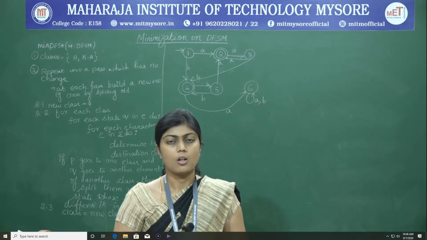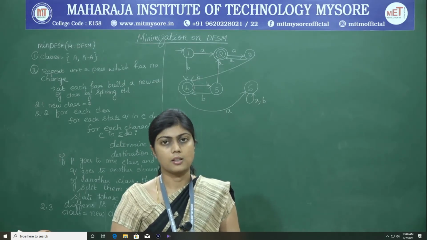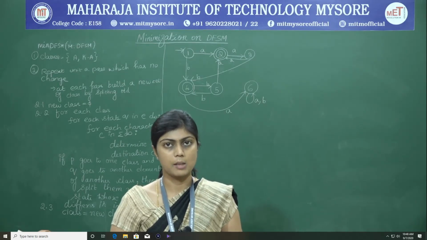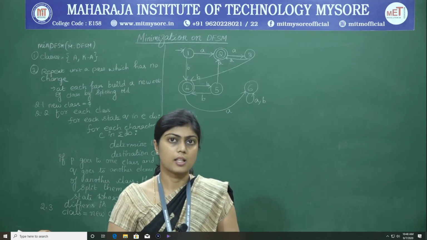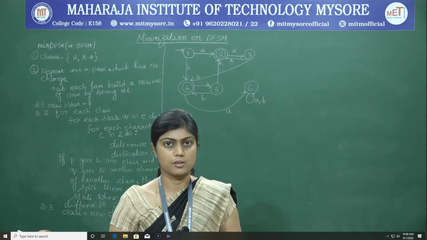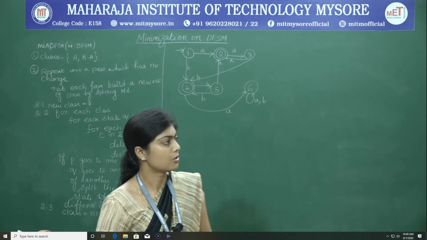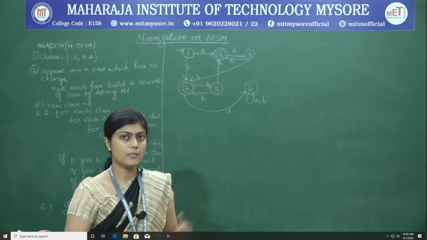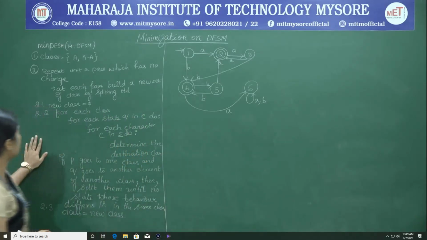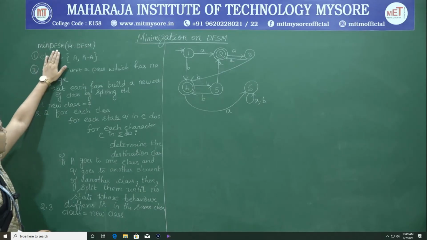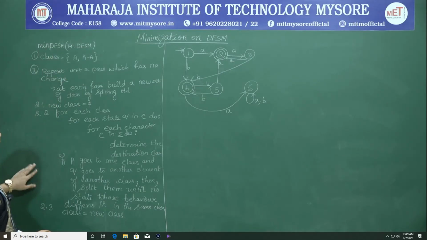All the indistinguishable states are the ones which have got the same behavior, the same transitions on all the input symbols, and the distinguishable states are the ones which have got unique transitions from each one of them. So, we will see the algorithm and solve a problem based on the algorithm. Once we come here, we are talking about the minDFSM algorithm.